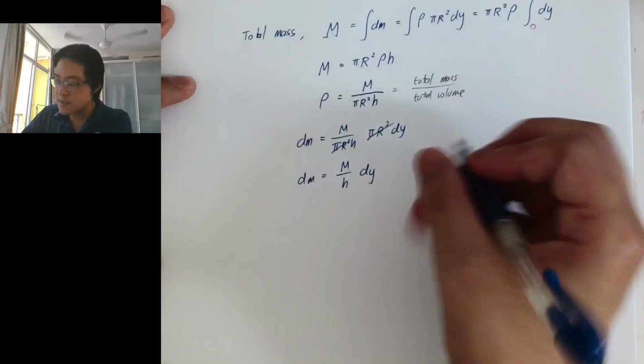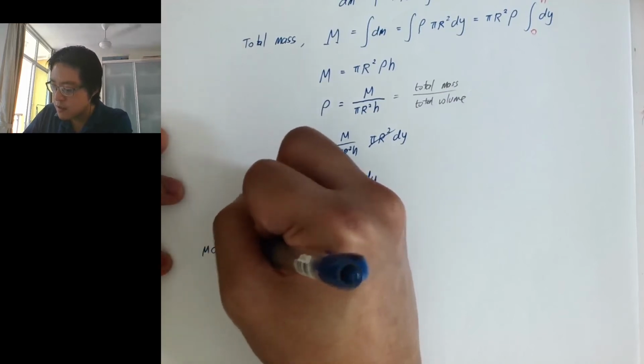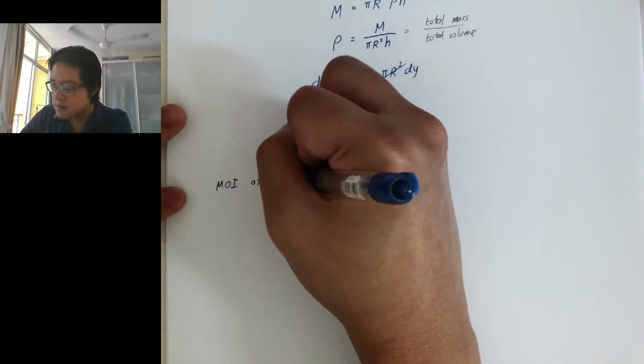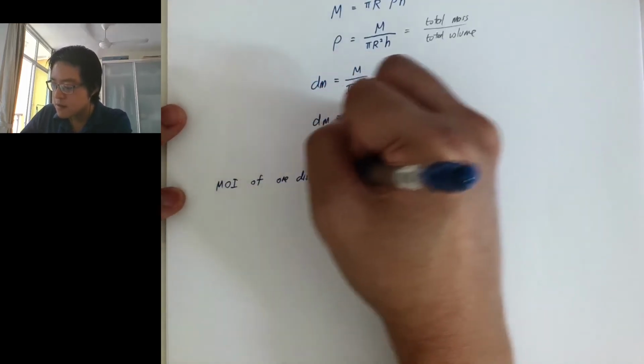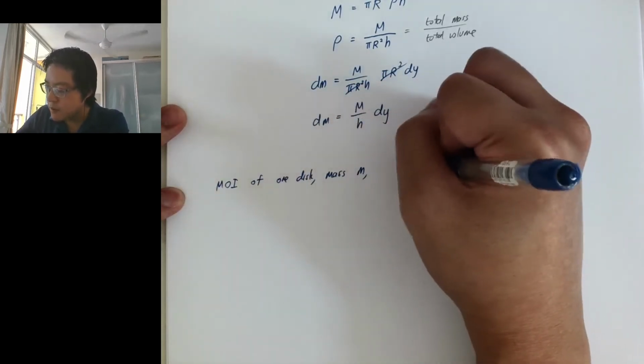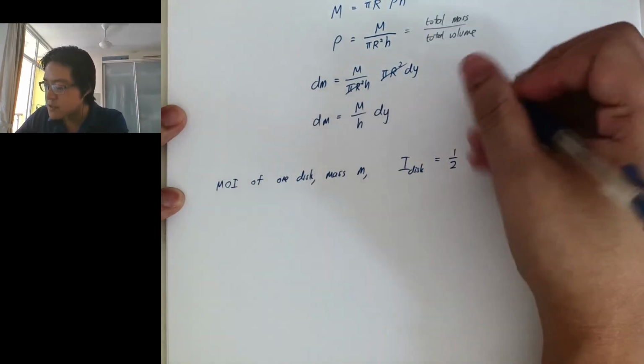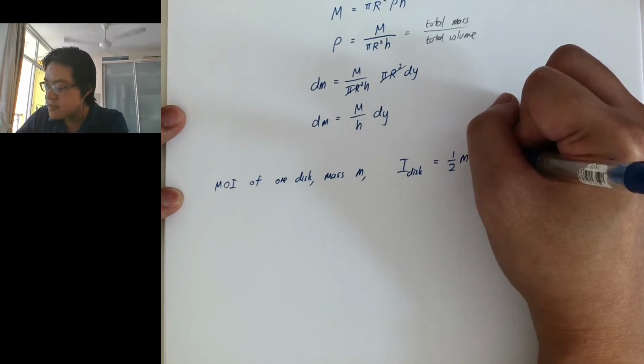We're going to start by talking about one disk, right? The moment of inertia of one disk, if the mass is m, then the formula for moment of inertia of the disk is half m r square, where the radius is r.